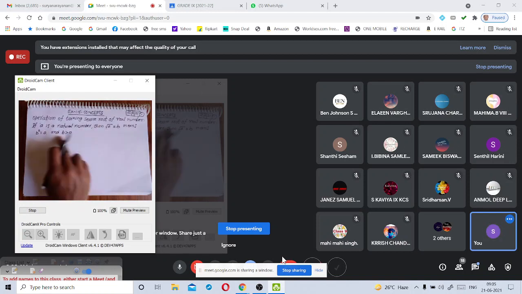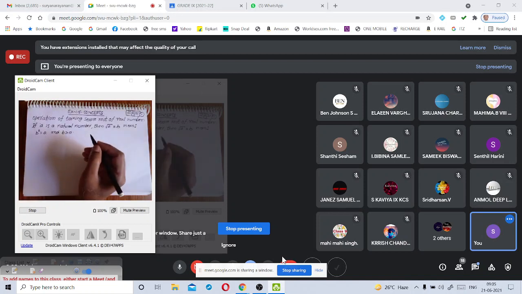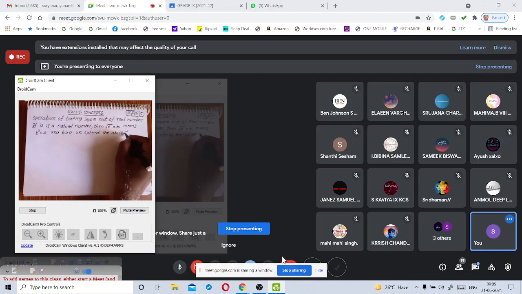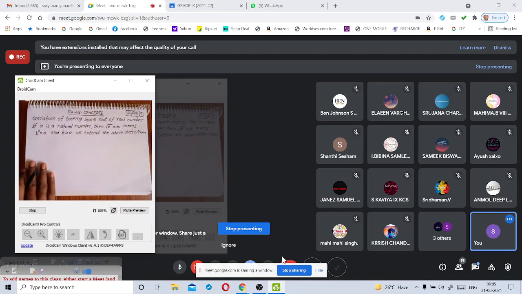The same definition can be extended for the collection of real numbers also. Okay, my children, we extend the above definition for positive real numbers also.